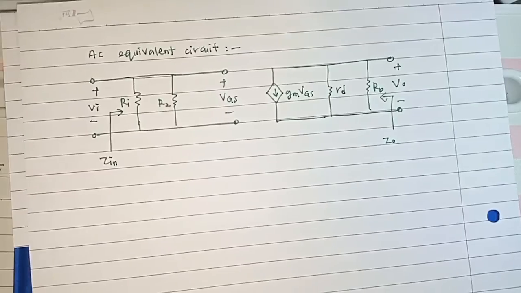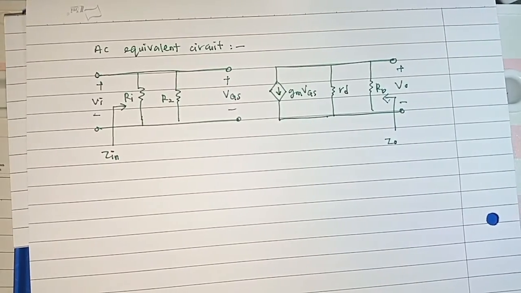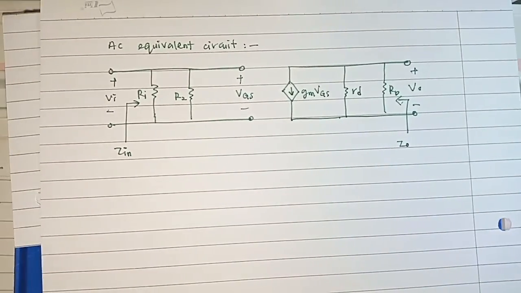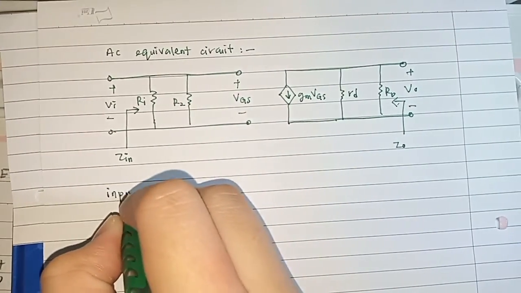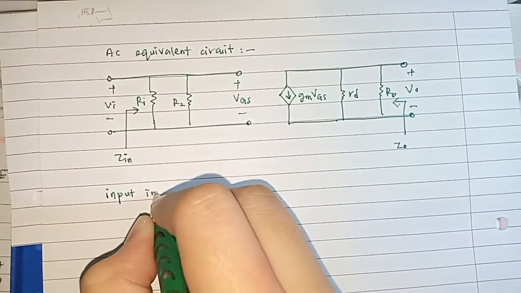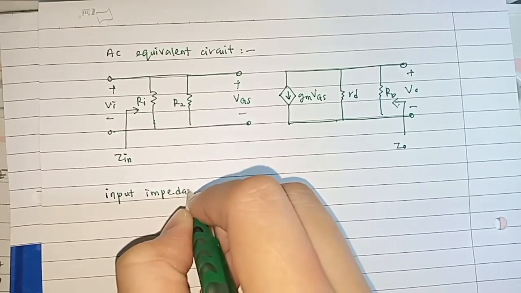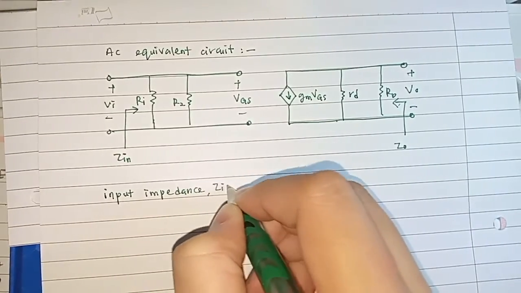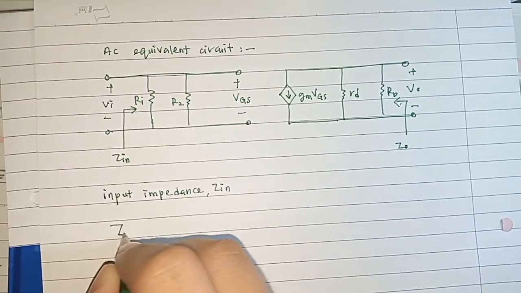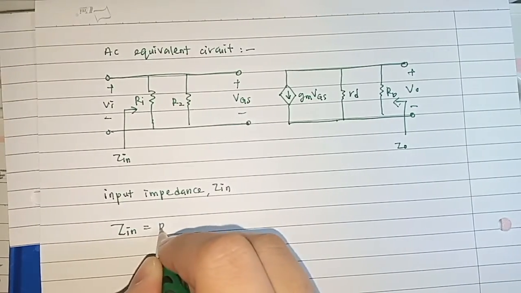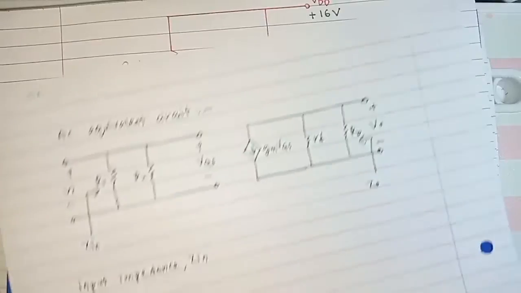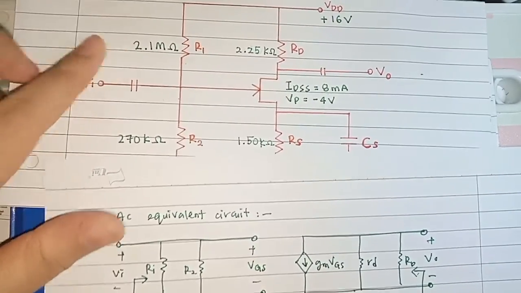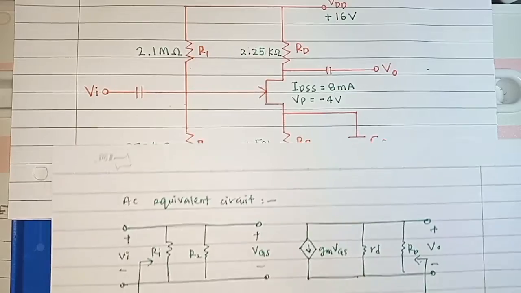To find the input impedance Zin, Zin equals R1 parallel to R2. Here you can see that R1 is 2.1 mega and R2 is 270k.